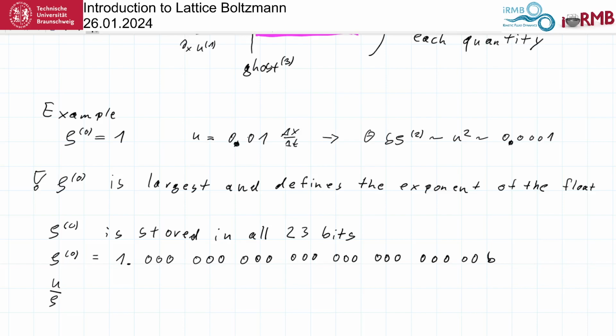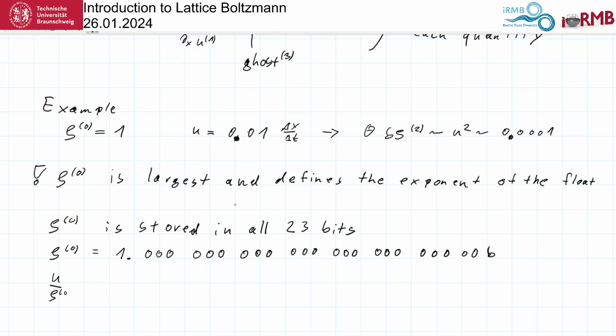You know the leading one is implicit. It's always one more, because you don't need to store the leading one, because you know that there needs to be a 1 at this place, right? So this is why you have one more.